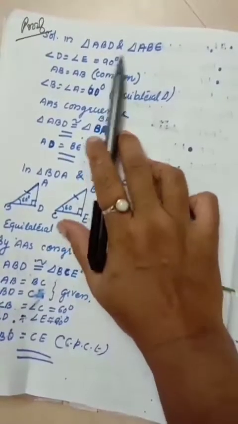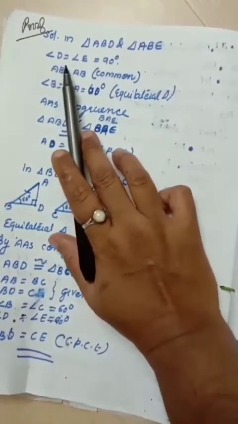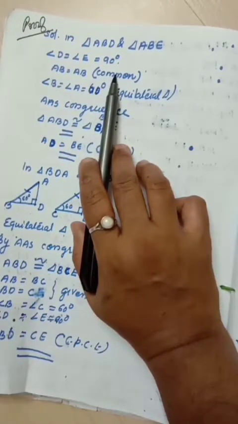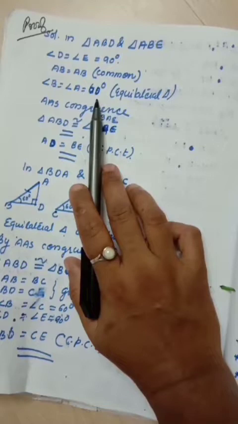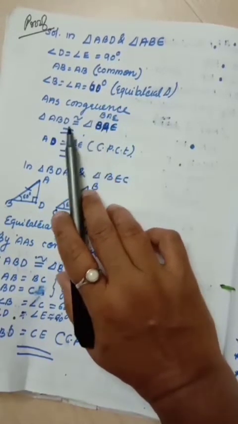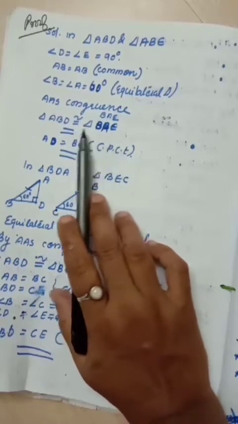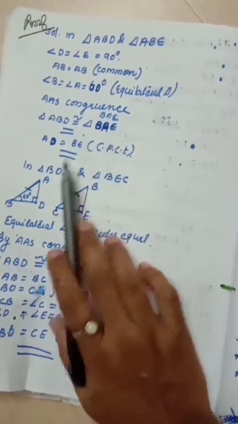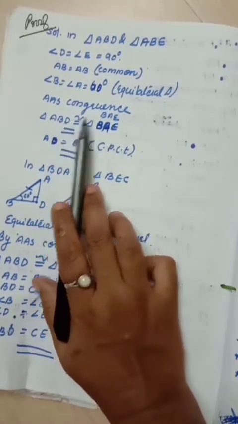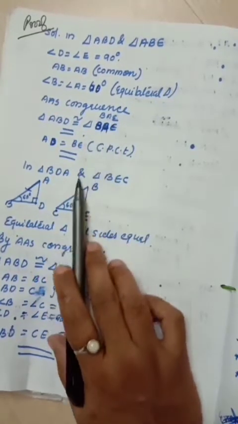In the given figure, triangles ABD and ABE, angle D, angle E are 90 degrees. AB is common for both triangles. 60 degrees, because it is equilateral, each angle is 60 degrees. By AAS congruence, you can say these two triangles are congruent. By CPCT, you can say AD equal to BE, first and last. Here also first and last.